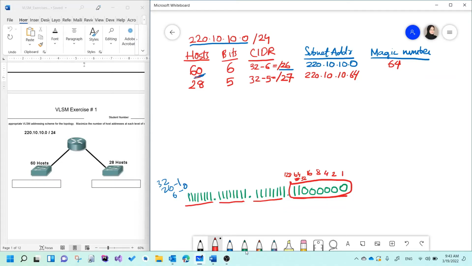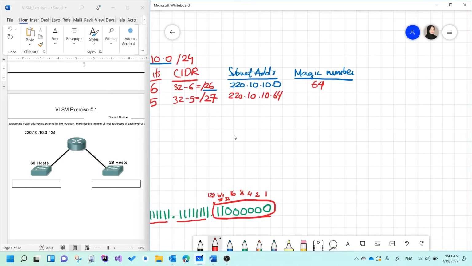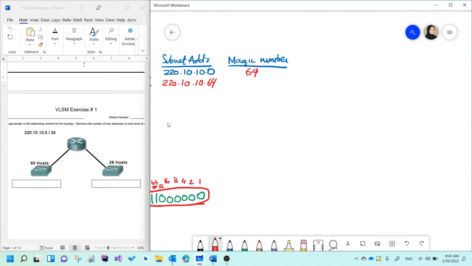Now, for each of these, you can also find the broadcast and the first and the last IP. The broadcast, for example for the first subnet, is found by looking at the subnet address of the next subnet and removing one IP.